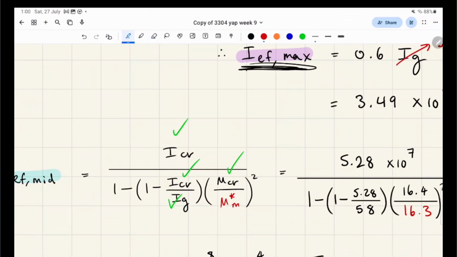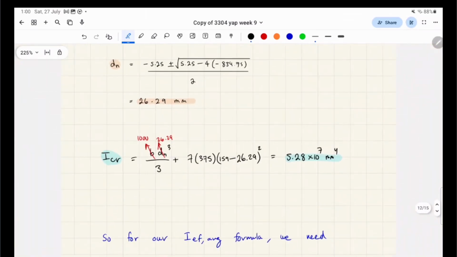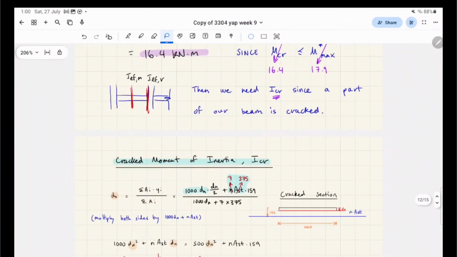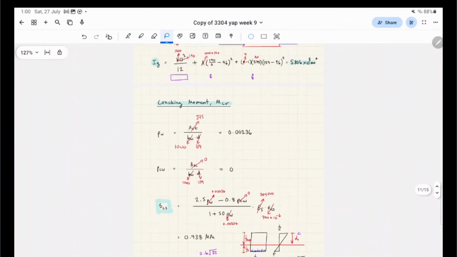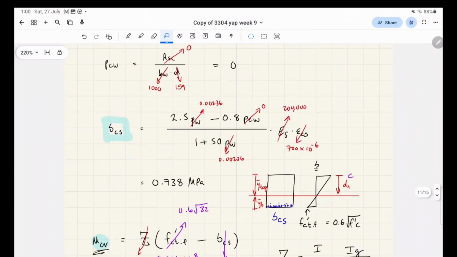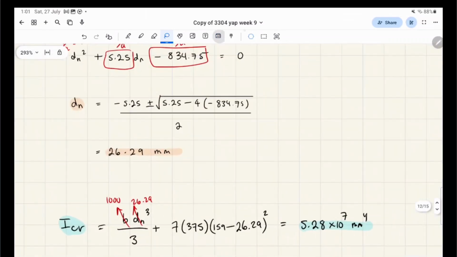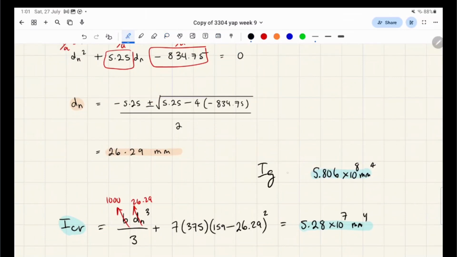One thing to keep in mind: just be really careful of scientific notation here, right? So this was our value for IG.